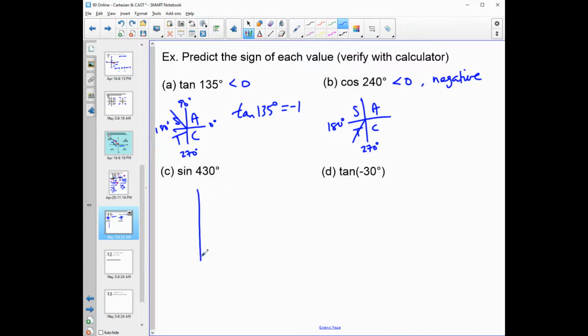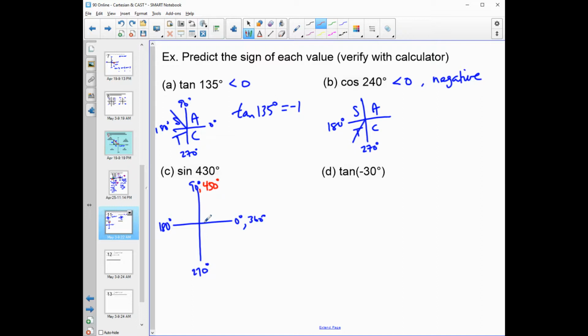Sine of 430 degrees. Where is the angle 430? Now, I'm going to take my time here. I start here at 0. I start to build the angle. I make it all the way back to the positive x-axis, and now I'm at 360. And so what is 360 plus 90? That's actually going to be 450 degrees.